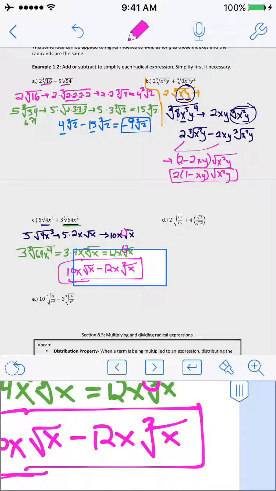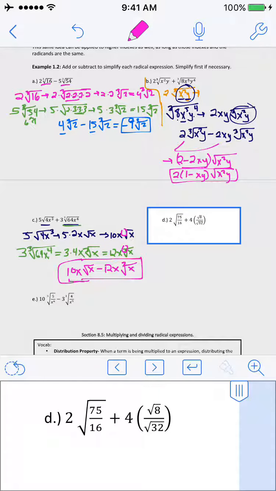But you must simplify first. You must double check. Otherwise, there's no point. And regardless, you should simplify. Simplifying makes everything easier. 12x cubed root of x is much easier to deal with than 3 times the third root of 64 x to the fourth. So always simplify, even if the indices don't match. But if the indices don't match, you already know that you're not going to be able to subtract those.